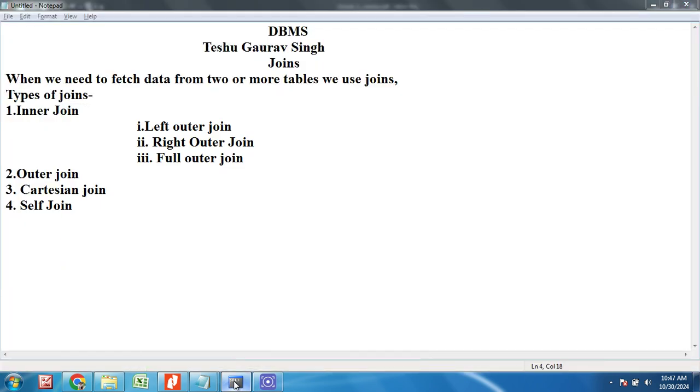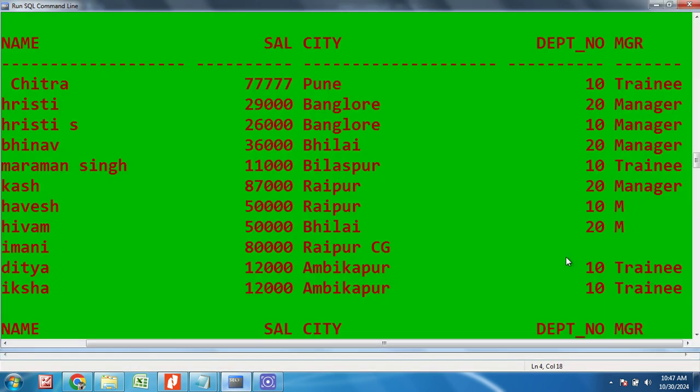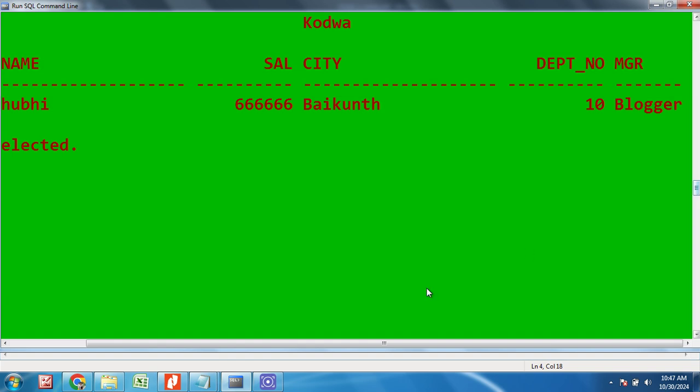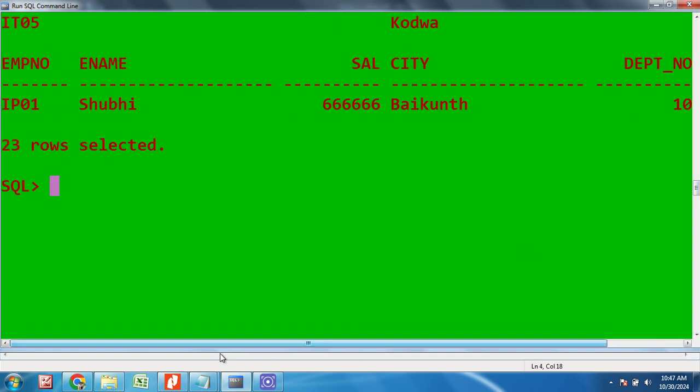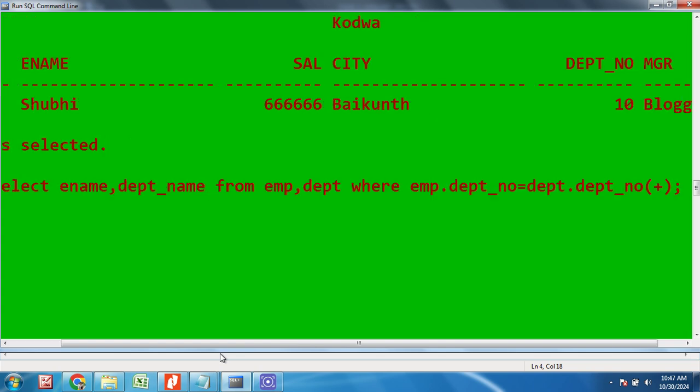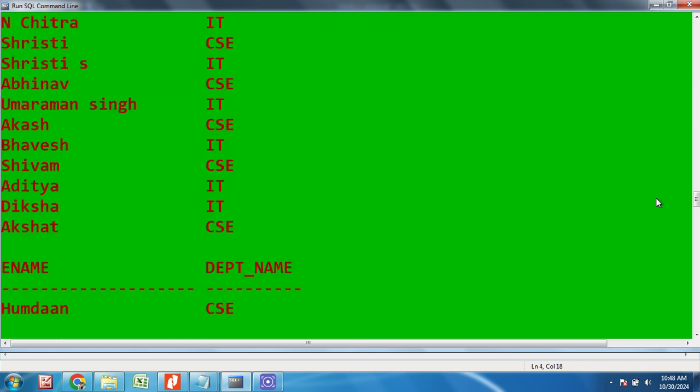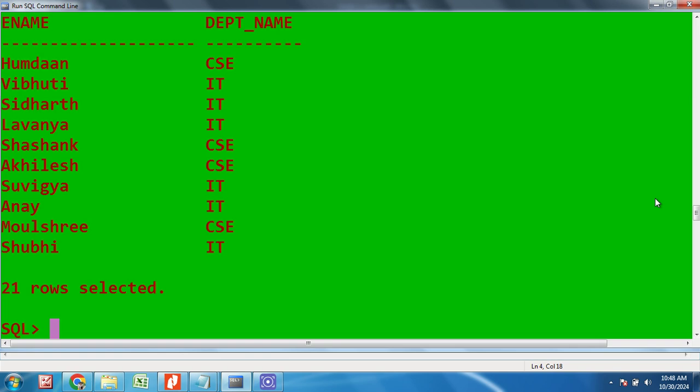Just look at the output. If I will not write the plus sign at the right hand side, just observe what will be the output. If I am not using left outer join, then it will not be showing me the name of Himani.